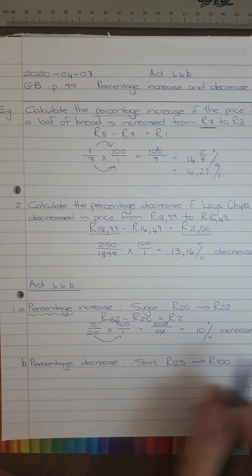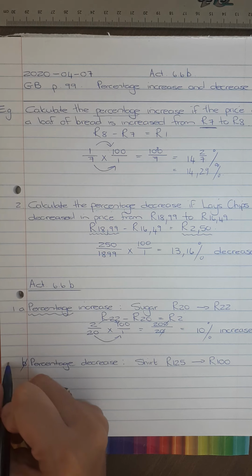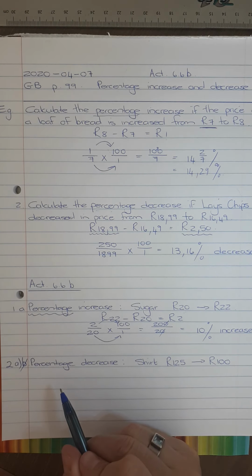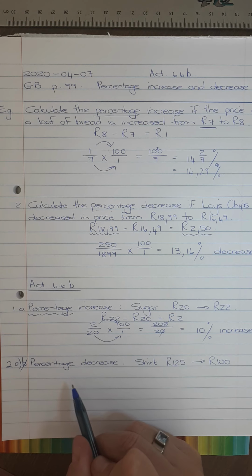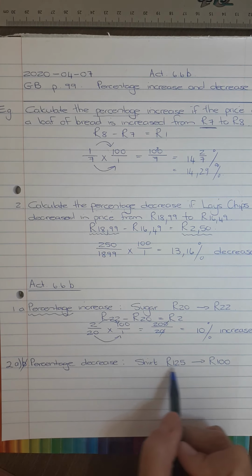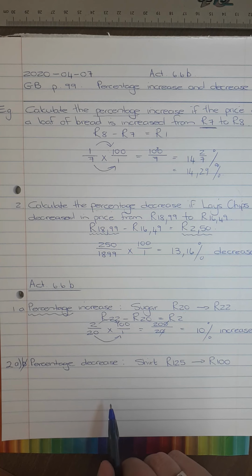This is not A, that's number 2a. I'm going to do the first one with you. Calculate the percentage decrease of the items in a sale. Then they say, shirts reduced from 125 Rand to 100 Rand.